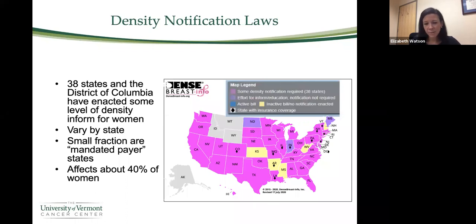They should be able to help us pay for this. And so there are mandated payer states throughout the country. And on this map here, you can see the mandated payer states are labeled with the black diamond on the state. So while the mandated payer states are not as pervasive as the notification requirements, they're certainly increasing. And so this is certainly an issue that affects many, many women, 40% of American women.